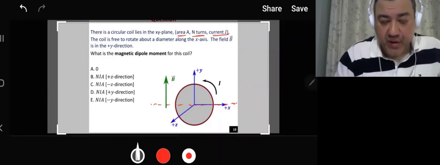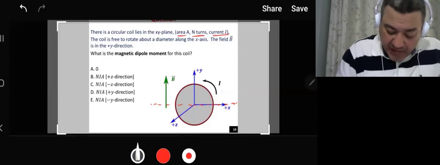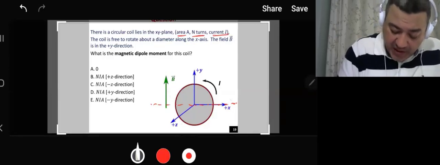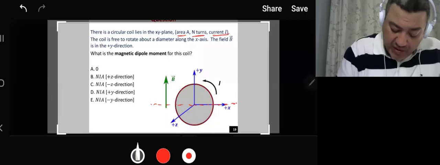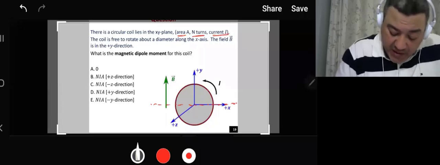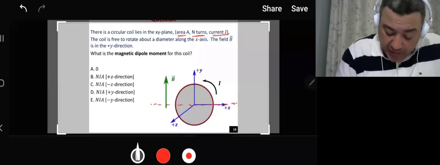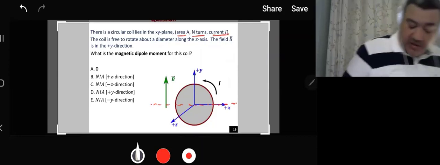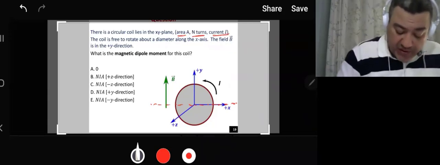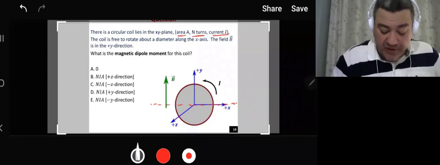So we have the coil sitting in the XY plane, with a current going counterclockwise, allowed to rotate along the x-axis. It has a uniform magnetic field pointing upward in the y direction. What is the magnetic dipole moment for this coil?